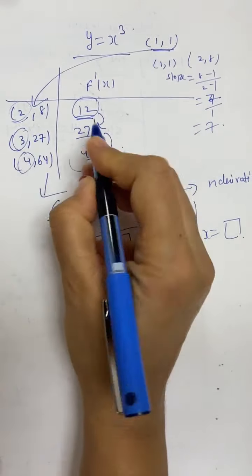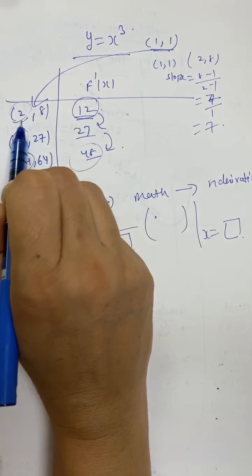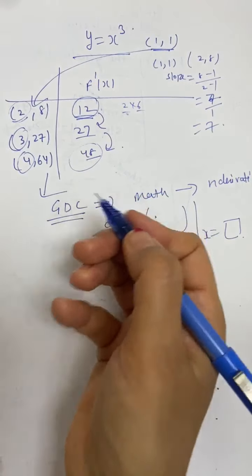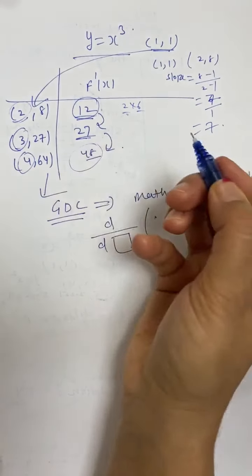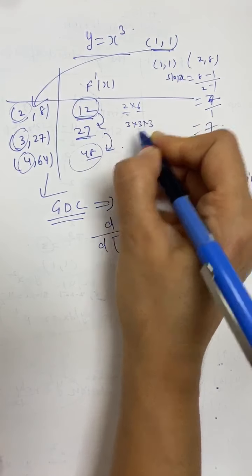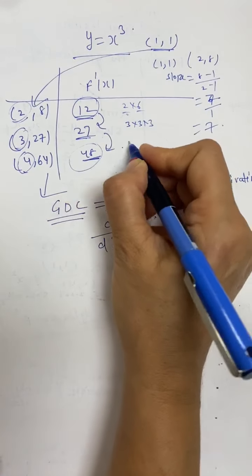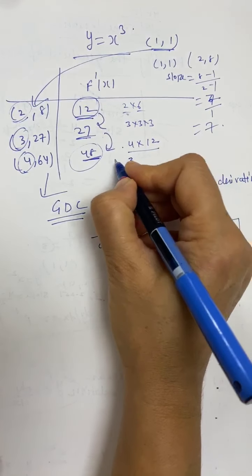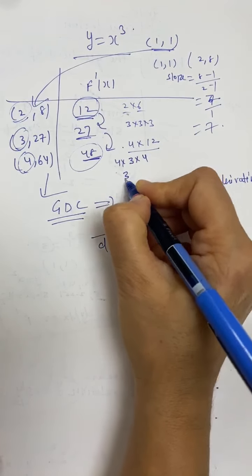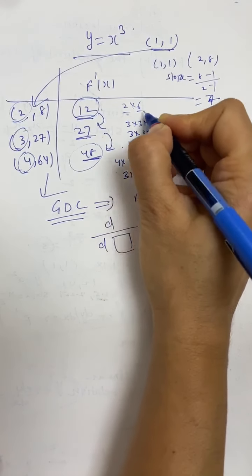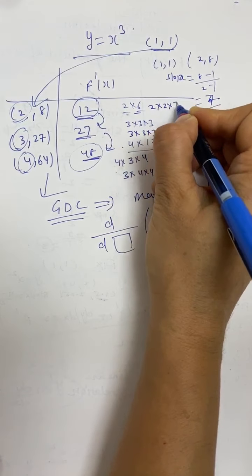So this is 12 and this is 2, so this is 2 times 2 times 3. And if this is 3 and this is 27, this is 3 times 3 times 3. And if it's 4 and it's 48, this is 4 times 4 times 3.